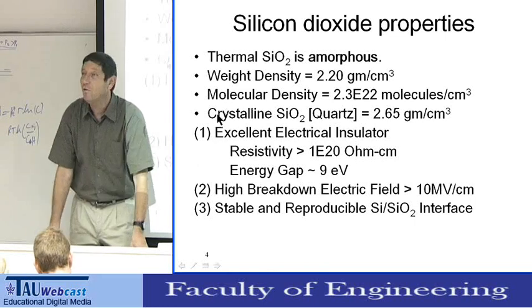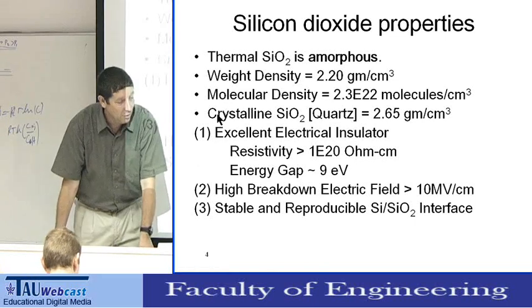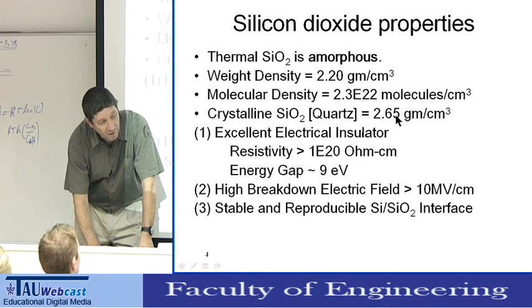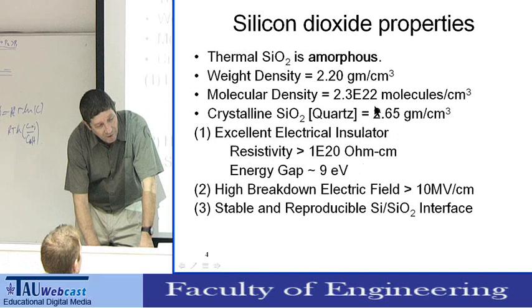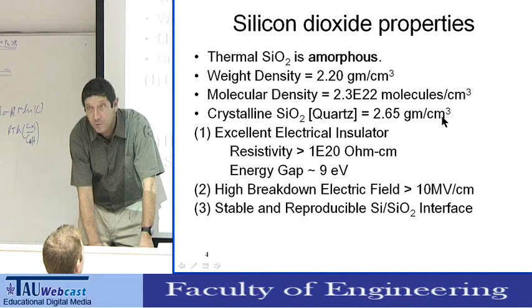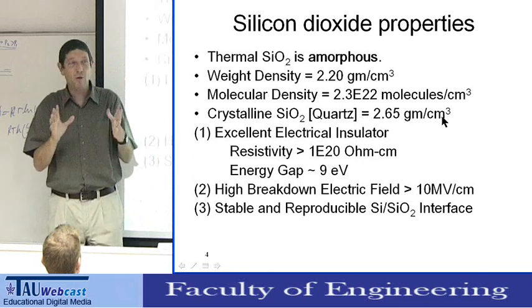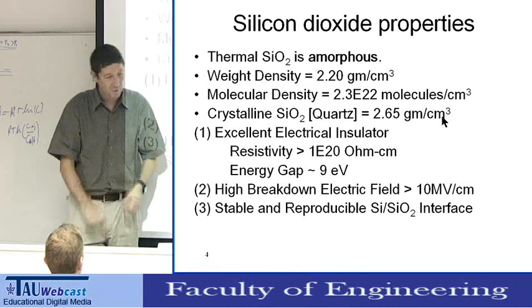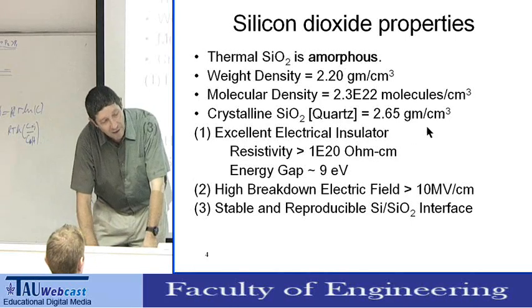By the way, you can also have a crystalline SiO2. It's called quartz. It's much denser. So the crystal quartz has 2.65 gram per centimeter cube, which means the thermal oxide is not so dense like the crystalline quartz. And it's an excellent electrical insulator.